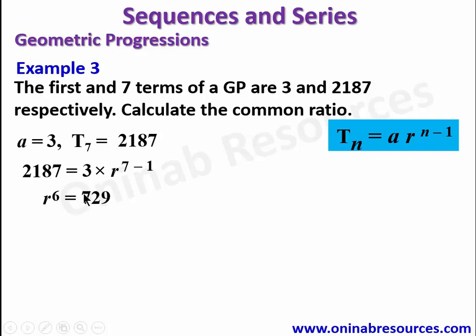And expressing 729 in index form, we have r raised to power 6 is 3 raised to power 6. Since the indices are equal, the bases are also equal. Therefore, r is equal to 3. And that's the end of solution to example 3.